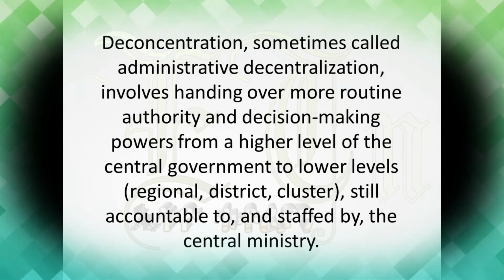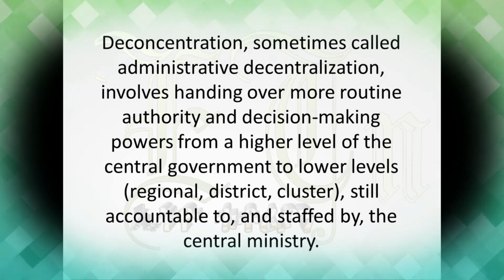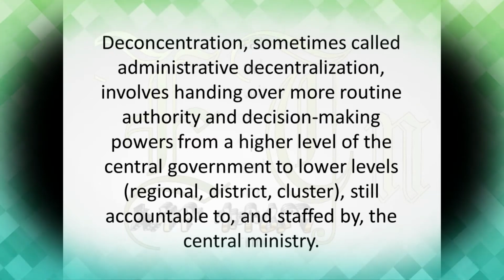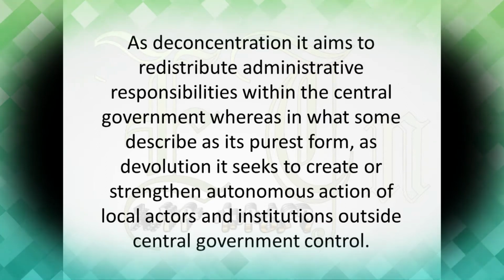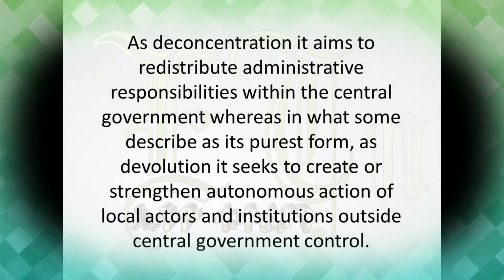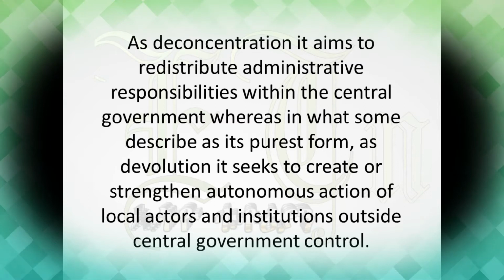Deconcentration, sometimes called administrative decentralization, involves handing over more routine authority and decision-making powers from a higher level of the central government to lower levels, regional, district, cluster, still accountable to, and staffed by, the central ministry. As deconcentration, it aims to redistribute administrative responsibilities within the central government, whereas in what some describe as its purest form, as devolution, it seeks to create or strengthen autonomous action of local actors and institutions outside central government control.